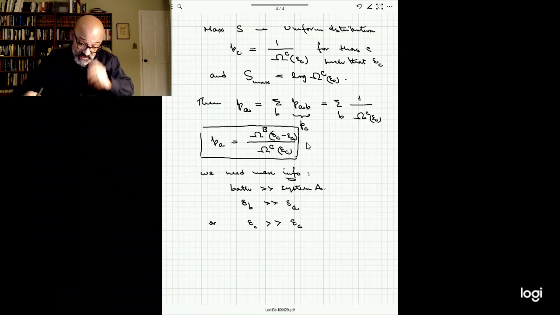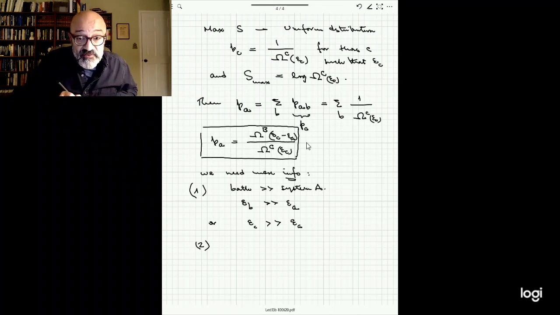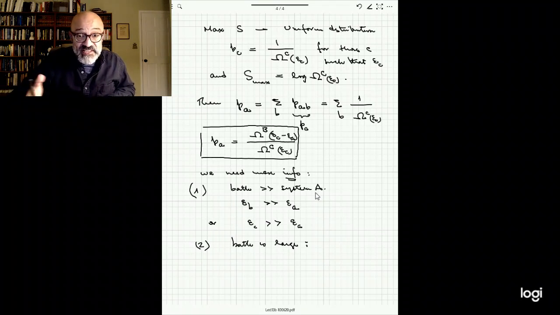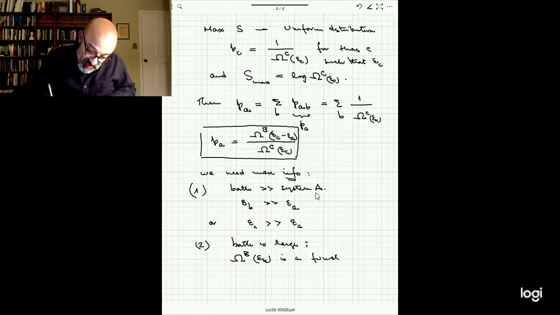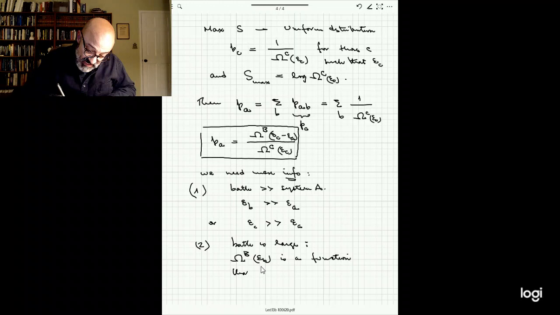Highly non-trivial. The other thing we need is that the bath is not just much bigger than system A, it's large. We represent that by saying that omega B of EB, the number of microstates with energy EB, is a function that increases very rapidly with EB.